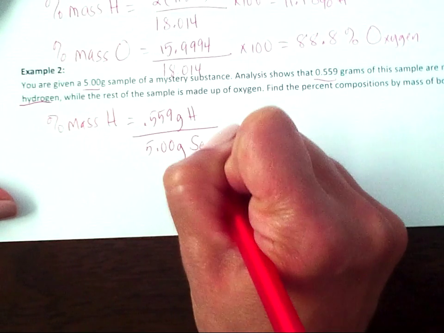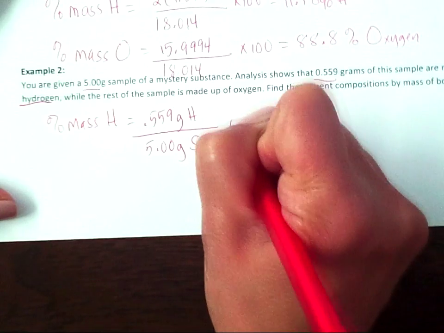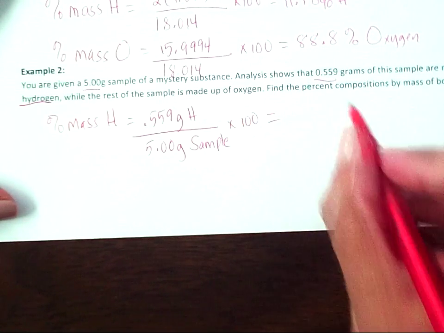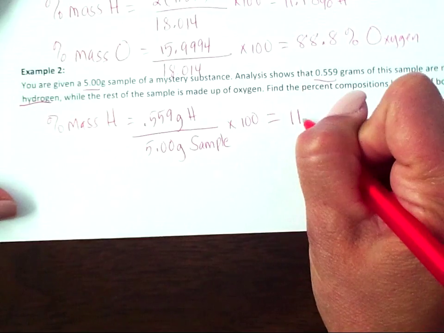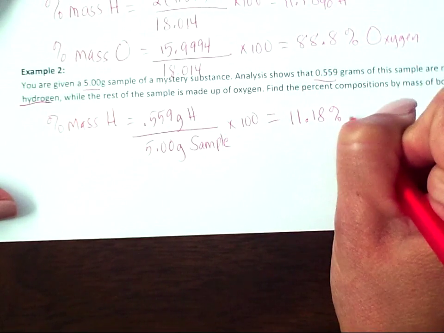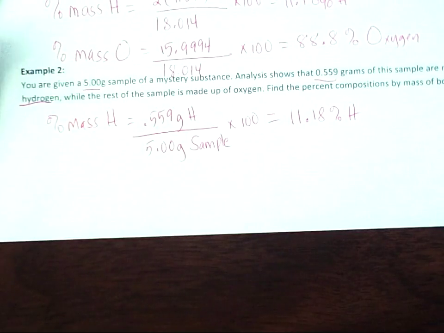And I don't know what the sample is at this point, so I'm just going to keep calling it sample. You do the math, and you will discover that your answer is still 11.18% of hydrogen.